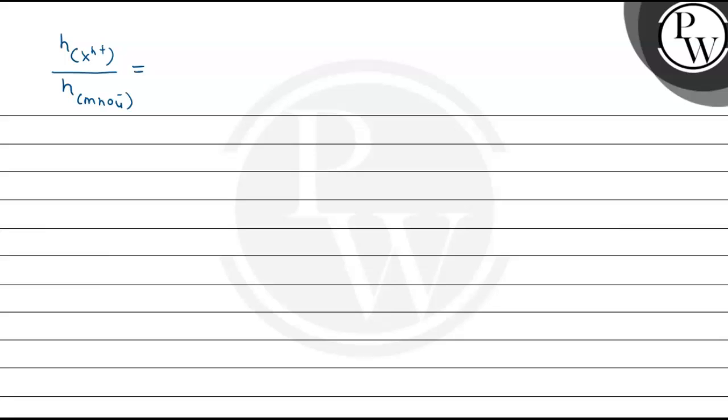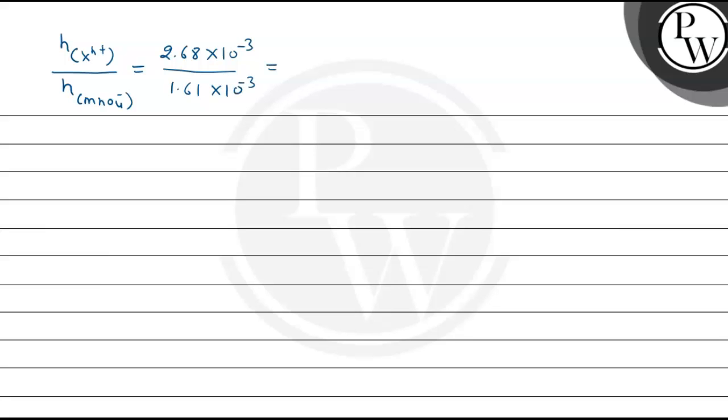So from here we can say that we are given the values in the question, and the number of moles of Xn+ is 2.68 × 10^-3, and the number of moles of MnO4⁻ which are reacting with it is 1.61 × 10^-3.